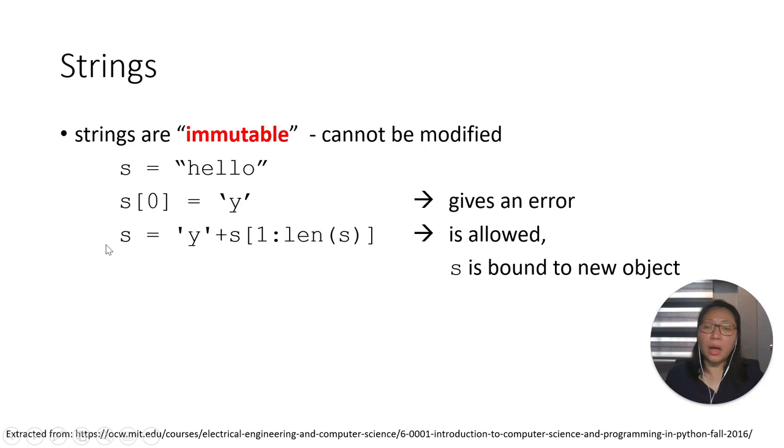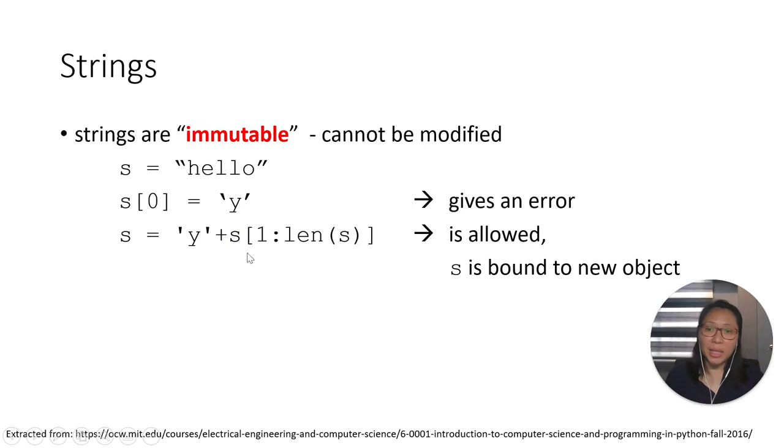So here, if we want s to mean YELLO, we have to do this third line of code. Here we assign to s the string y plus the ELLO part of the string s.